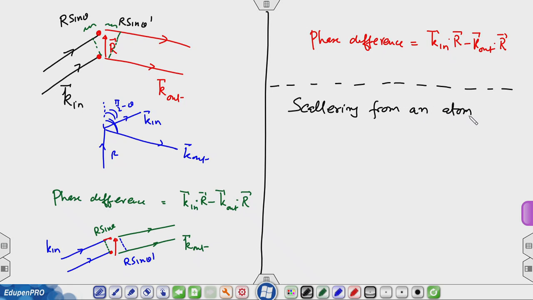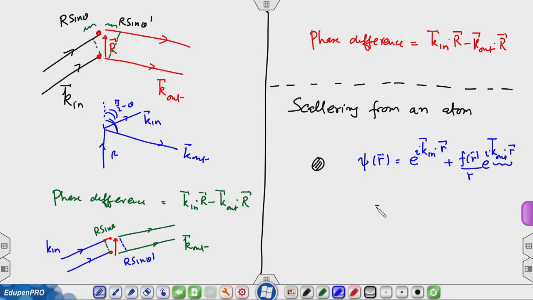So, from a single atom, when you look at the scattering, the wave psi of r is equal to psi n, which is e raised to i k in dot r, plus scattered wave, which is f of r over r e raised to i k out dot r, and this one goes out spherically.